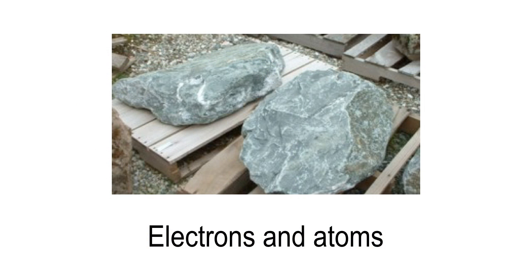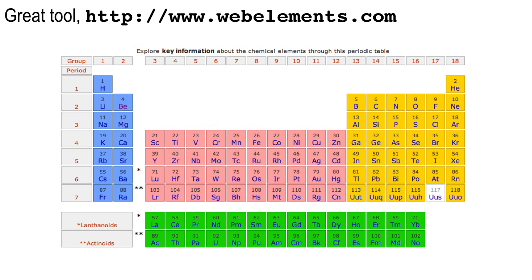Okay, we're heading for the periodic table. We're going to start talking about electrons and atoms. And I'd like you to write down this web address, webelements.com. It is an online chemistry site that has some advertising in it, so it's not a nonprofit website. But it's a really, really nice clickable periodic table.